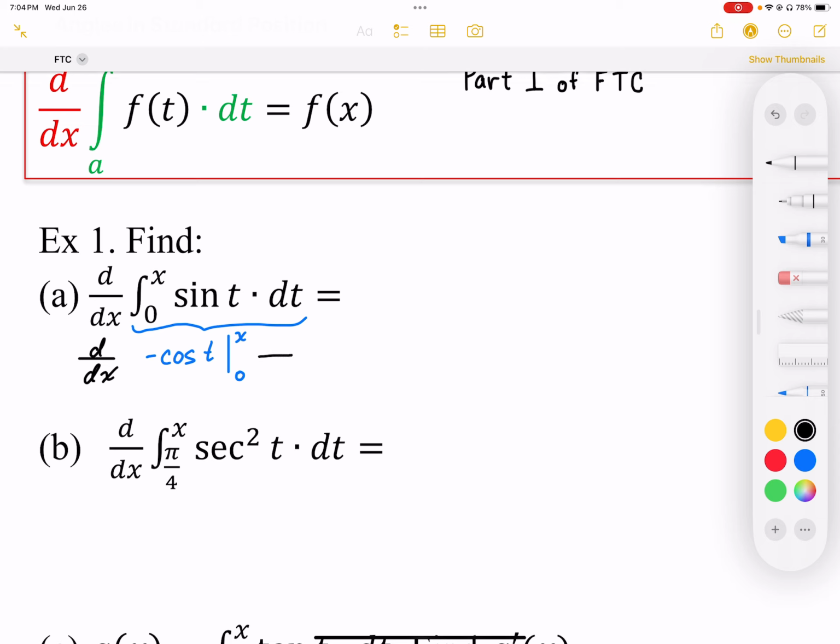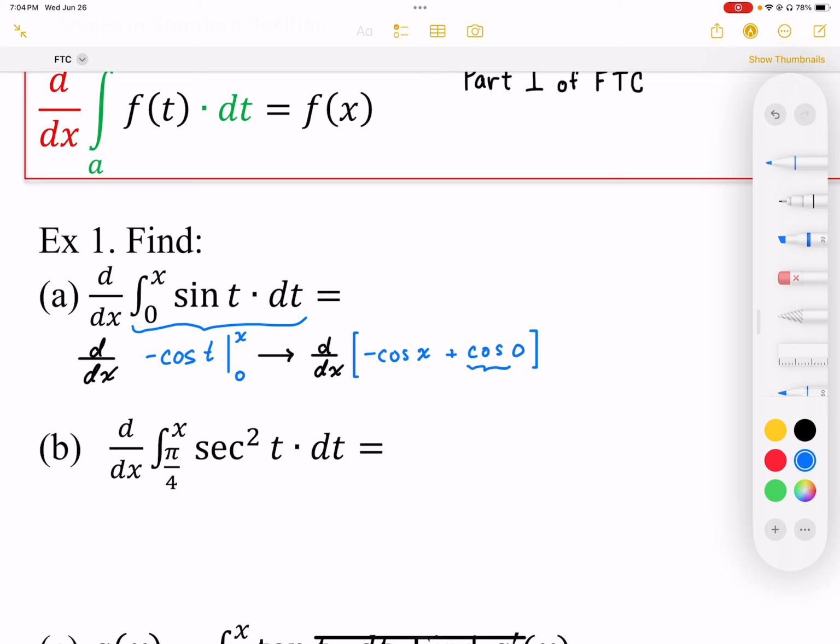I'm going to put the bounds into this integral, and so I end up with an expression that looks like this: negative cosine of x, when I substitute in the x, minus negative cosine of 0, that happens to be 1.